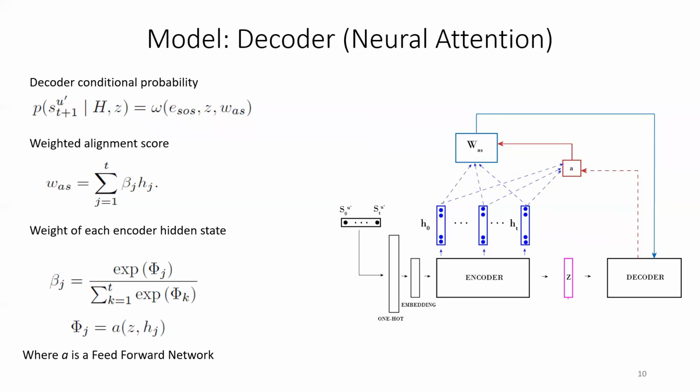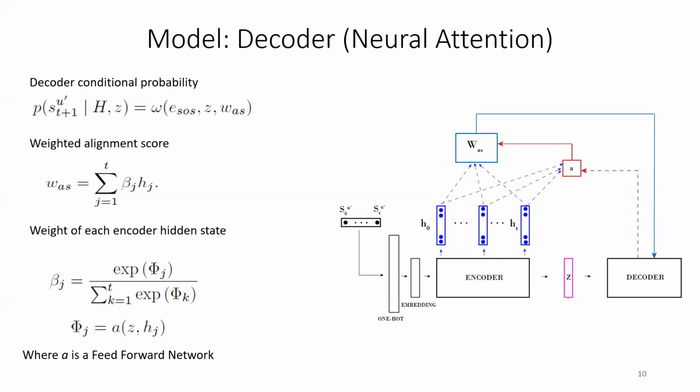Now, we model the decoder conditional probability as the probability of the next item in the input sequence given one, the set of hidden states from each time step in the GRU encoder, and the final hidden state of the GRU encoder. We calculate a weighted alignment score for all hidden states, where the alignment score is a normalized similarity measure between the final hidden state of the encoder and each of the hidden states at each time step.